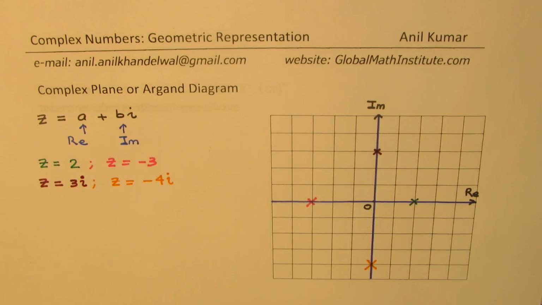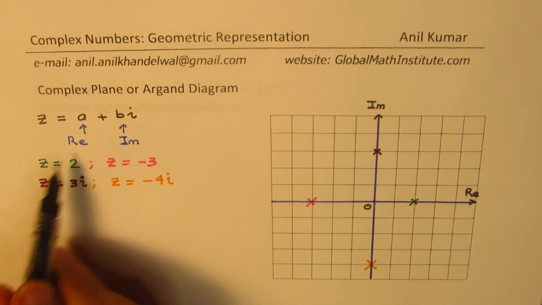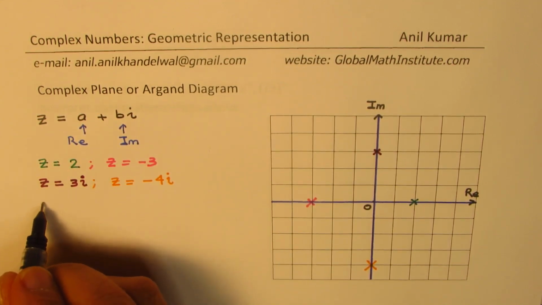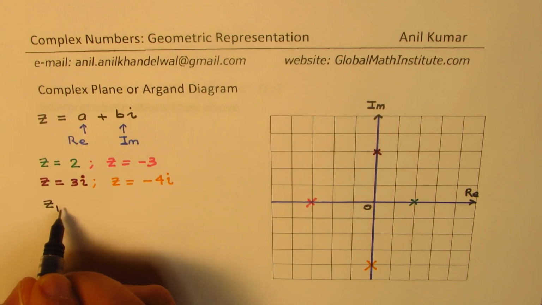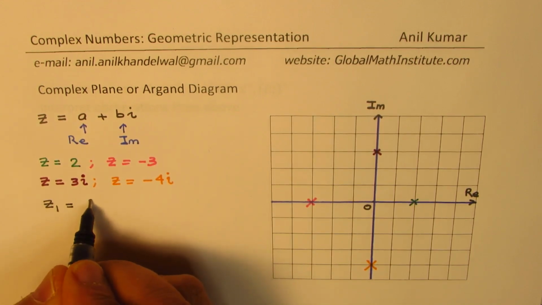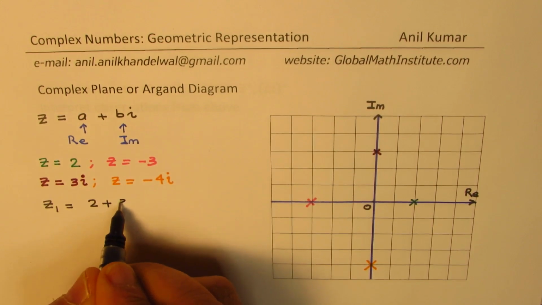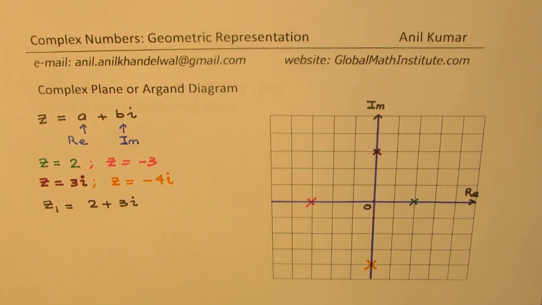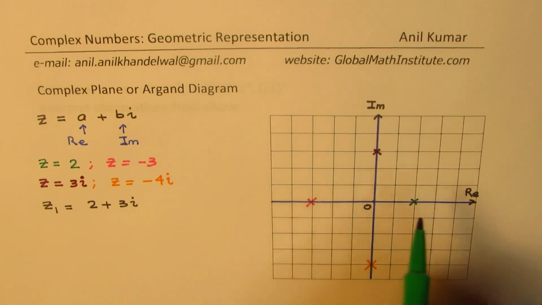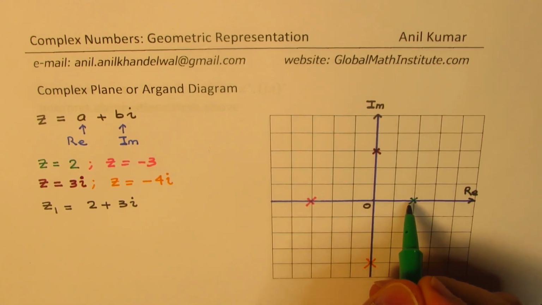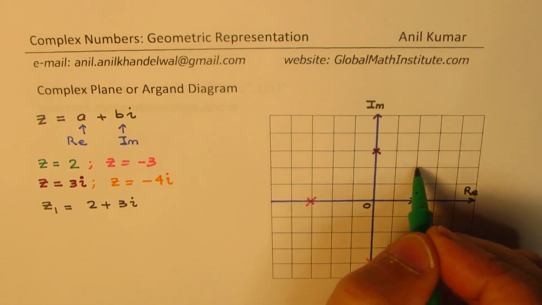Now let's look into the complex number which has both imaginary and real parts. So let's say we'll name this z1. If z1 is, let us say, 2 plus 3i, then to represent 2 plus 3i, we can look into a position which is 2 units to the right, which is 1, 2, and 3 units up, that means 1, 2, 3.